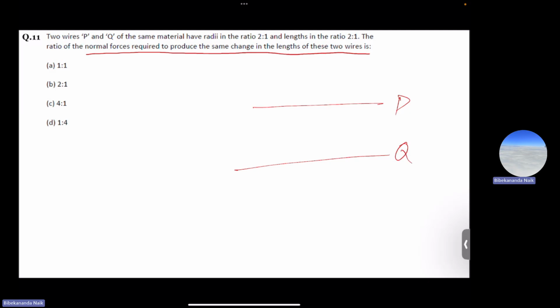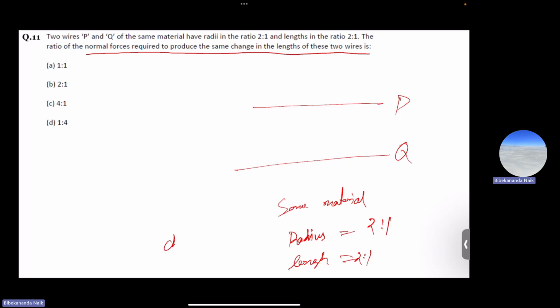P and Q. So same material, and radius are in the ratio 2 is to 1, length is also 2 is to 1, and we need to find out the normal force required to produce same change in length.